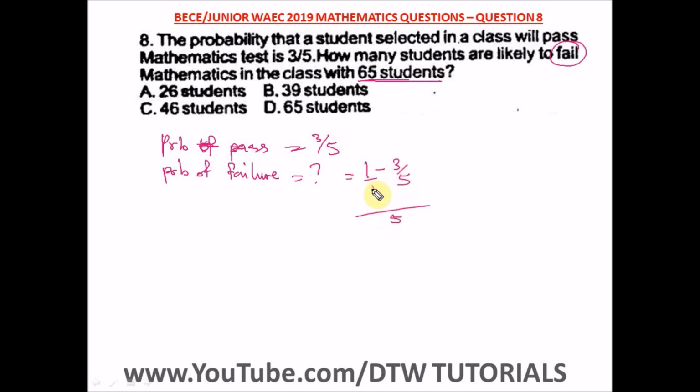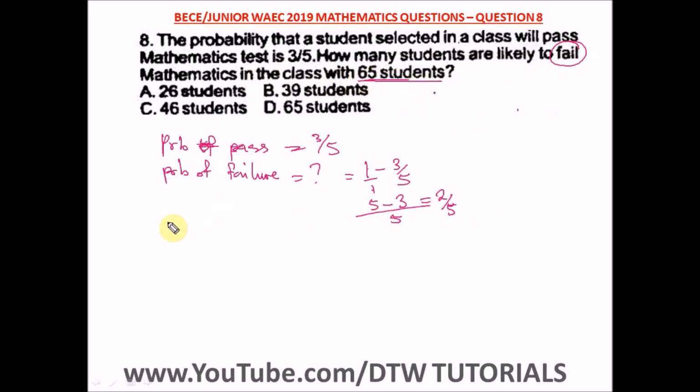So 5 in 1 is how many times? 5 times 1, we have a 5. Minus 3, so what is 5 minus 3? That will give us 2 over 5.